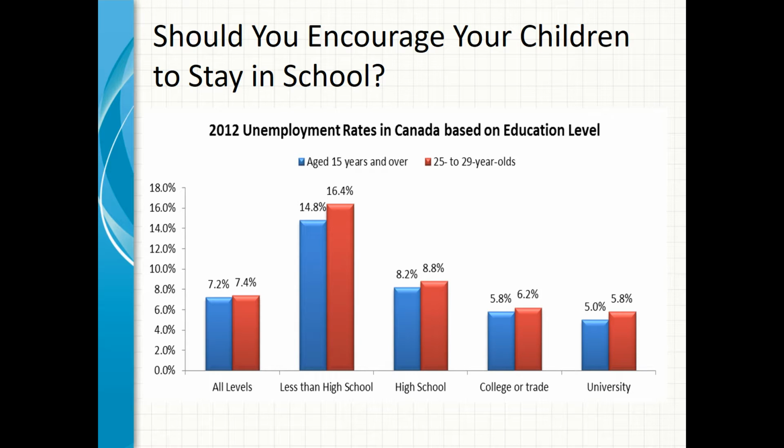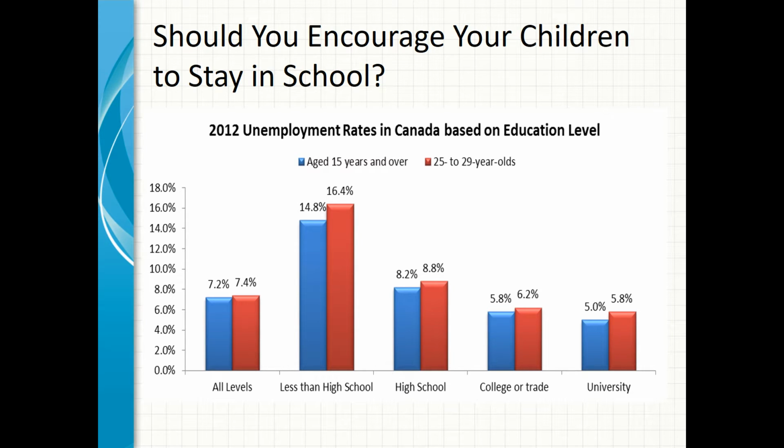And when they work, they're no longer draining money from the system. We don't have to support them anymore, but they are making money, paying taxes, buying cars and groceries and houses, and that then provides jobs for the car dealerships, for the grocery store clerks, for the real estate agents and the furniture salespeople.